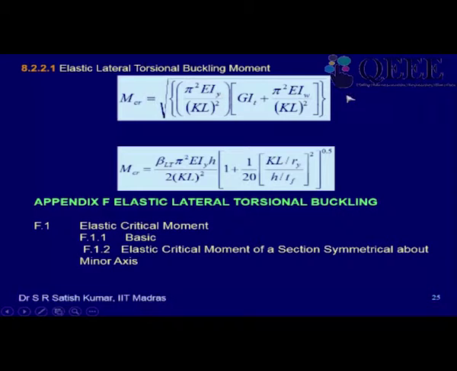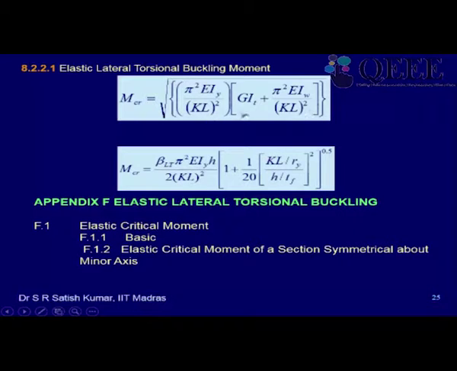So the code gives you that same formula for a general cross section, and it also gives a simplified formula for what are called monosymmetric sections like I sections, where you have a single axis of symmetry, and as a consequence the shear center coincides with the vertical YY minor axis.